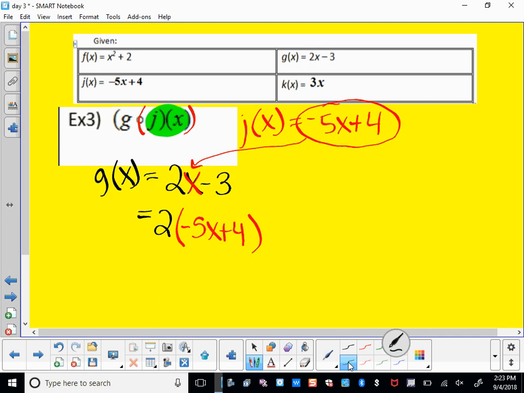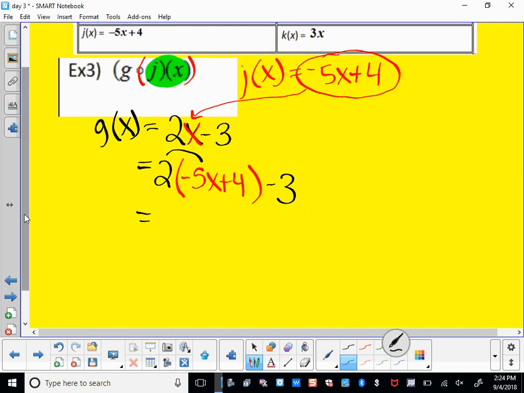And then I just rewrite my minus 3. This is all basic math at this point that you know. Distribute the 2. 2 times negative 5 is negative 10x. And 2 times 4 is positive 8. Bring down your negative 3.